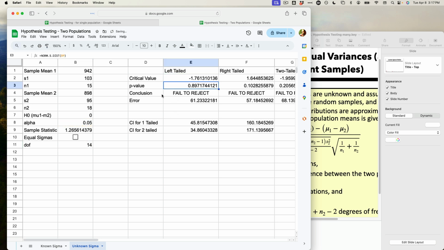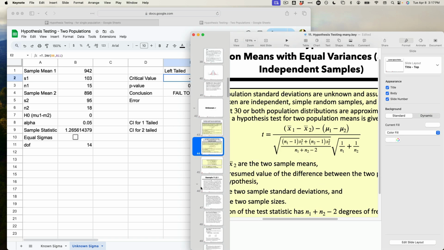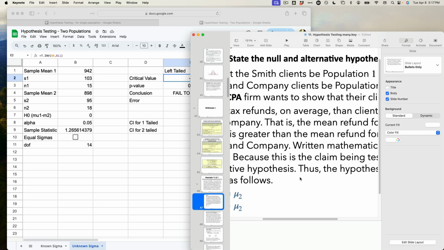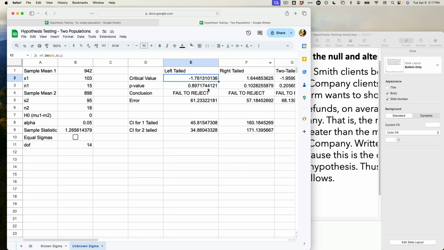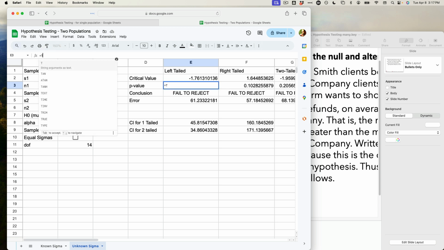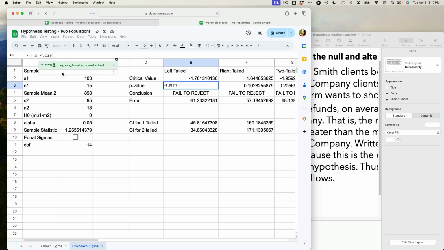Bam. Okay. So this is for the left tail test. Now, in this example that we're doing, this is a right tail test. So this is not going to matter for us, but let's do the p-value anyway. So now for the p-value, we need to use the regular t.dist. So t.dist on the left tail needs a t-value, degrees of freedom, and whether it's cumulative or not.